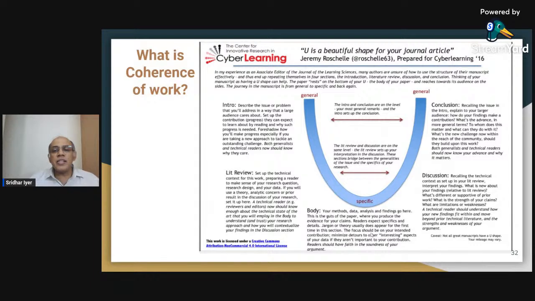Okay, so all of these are the various components of your paper. So broadly speaking, there are these 5 components, and the intro and the conclusion should be at the same level, in the sense that the conclusion should come back and connect to the intro. Similarly, the discussion and lit review have to be at the same level, which means that the questions that were asked in the lit review should be answered again through the discussion in the context of your work.